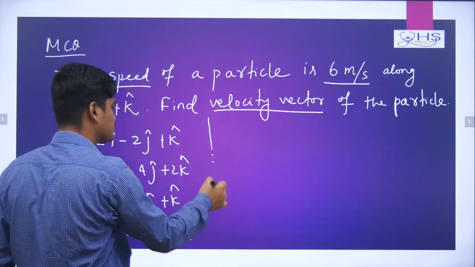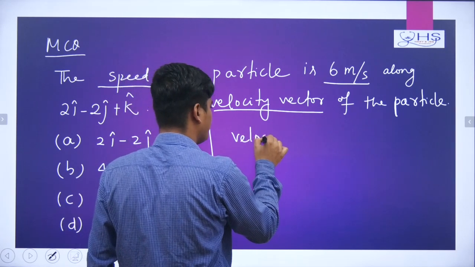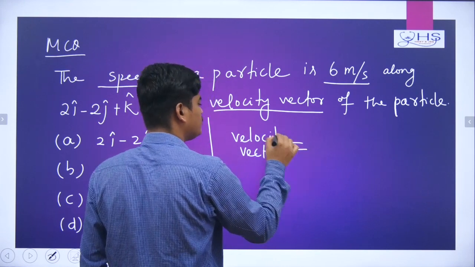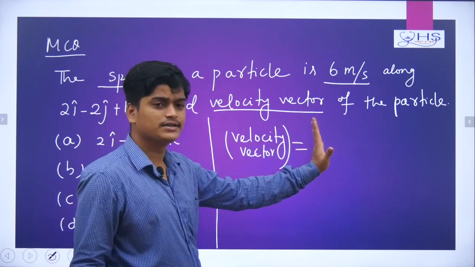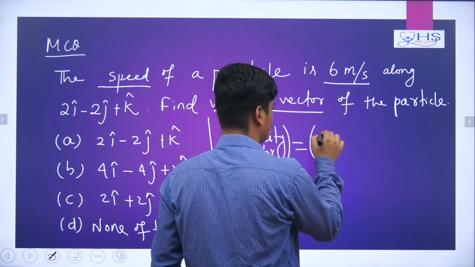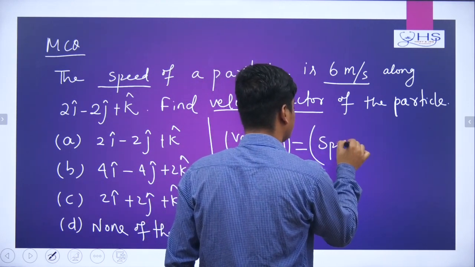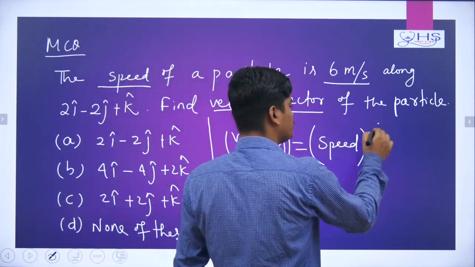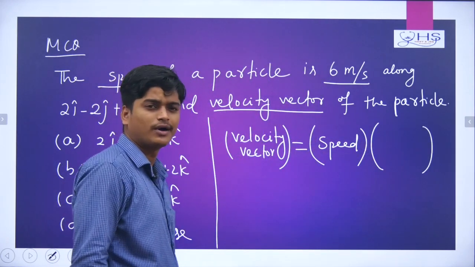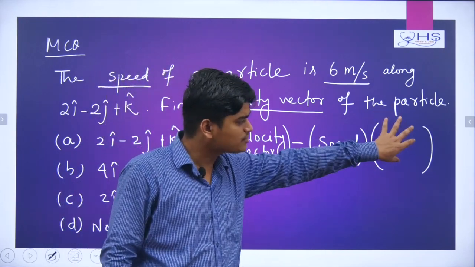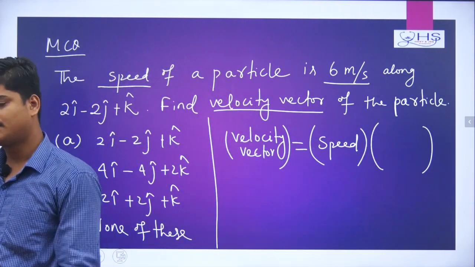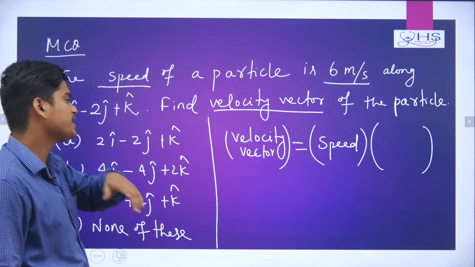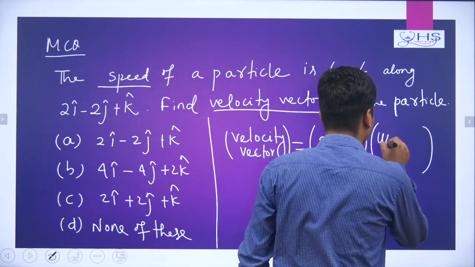So what you need to find first is the velocity vector. For that you need the magnitude, which is basically the speed, since the magnitude of velocity is nothing but speed, and along with it you need the direction of the velocity. Direction should be a unit vector.